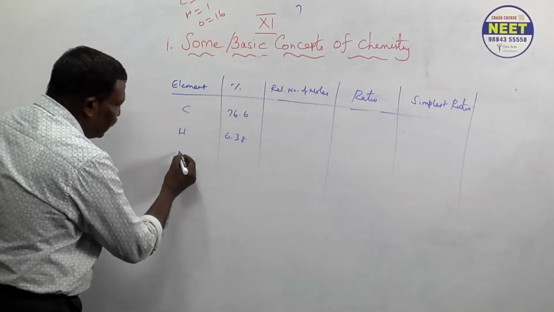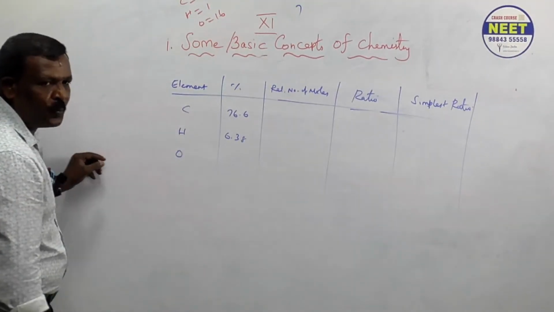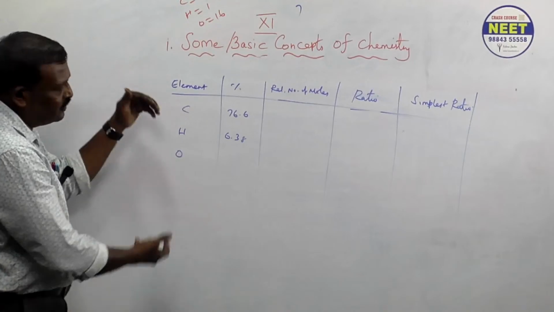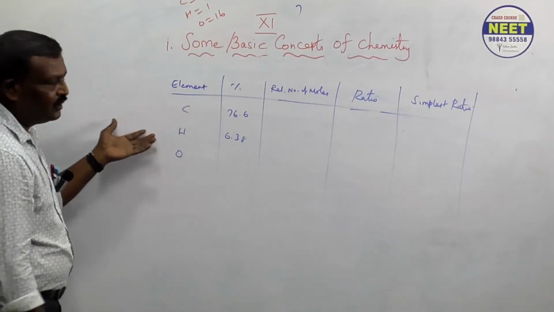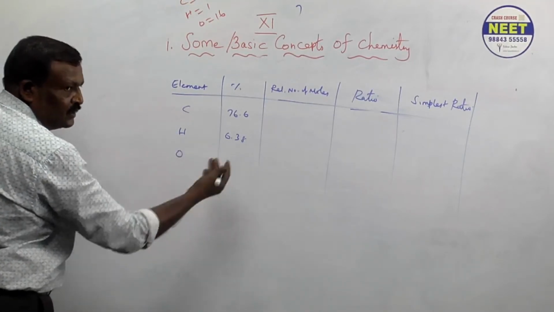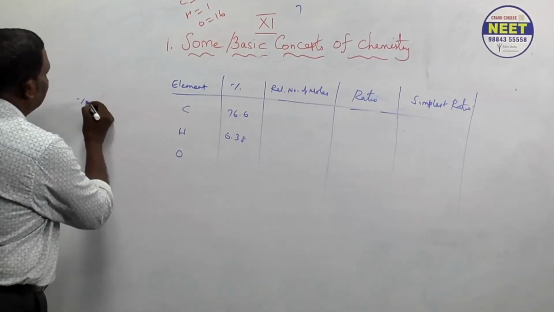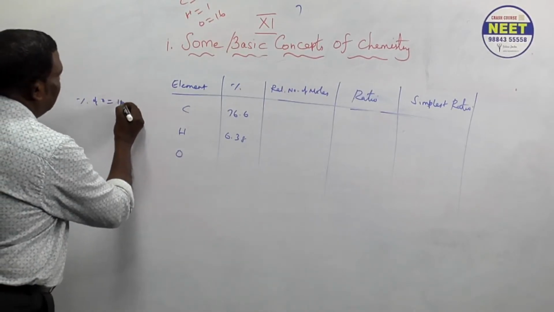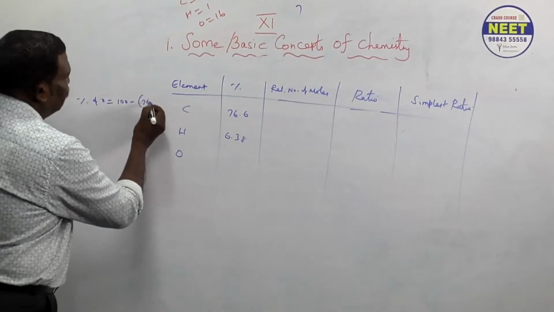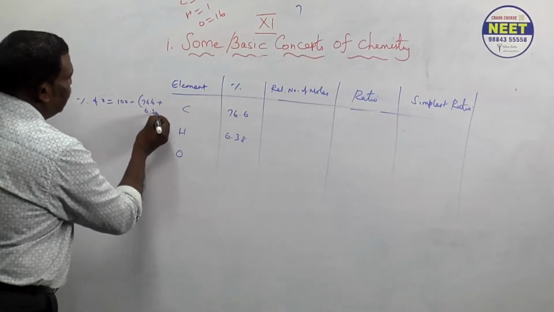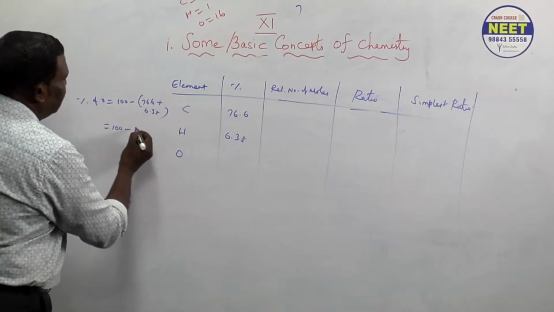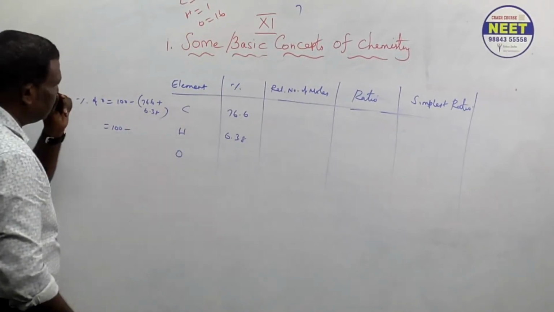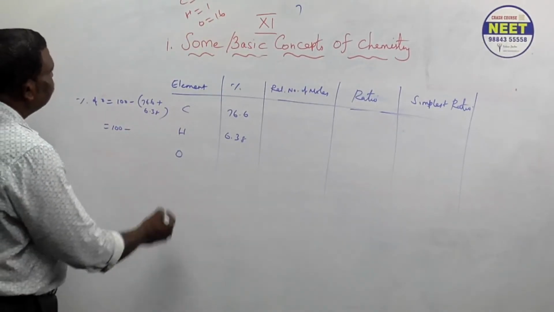So remaining will be oxygen. If you take any compound, the total percentage will be 100. Oxygen is not given, so how to find it? Percentage of oxygen is equal to 100 minus (76.6 plus 6.38). So when you add these two, how much?